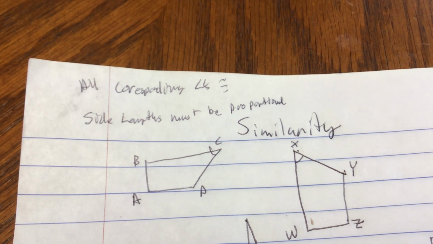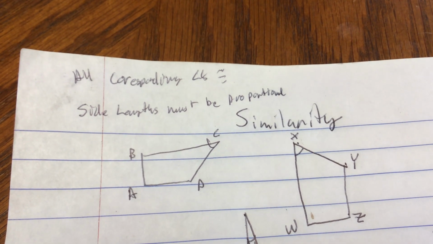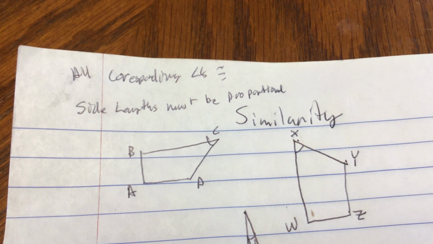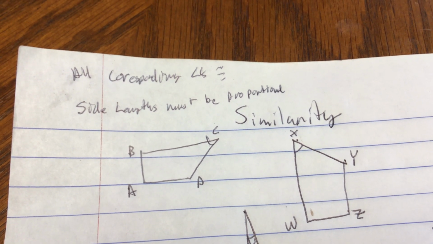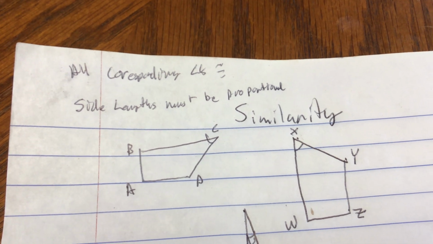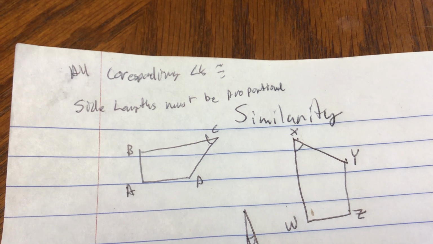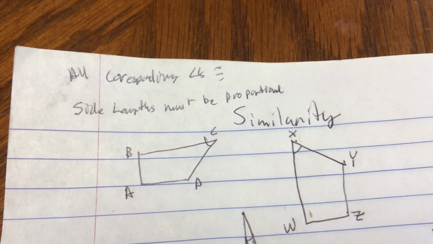So I start there. Now notice the shorter side extending from C goes to D, not to B. Can you see that? The shorter side going from C goes to D. So on the other figure, X goes to what as the shorter side?